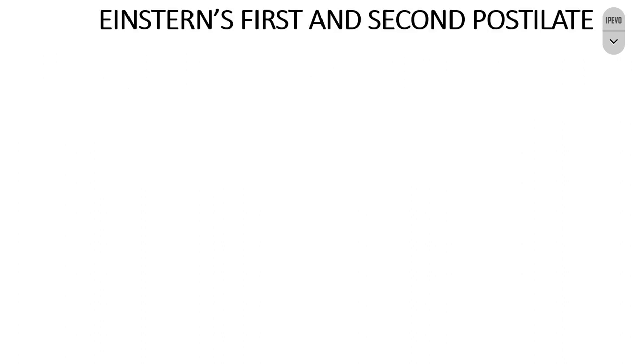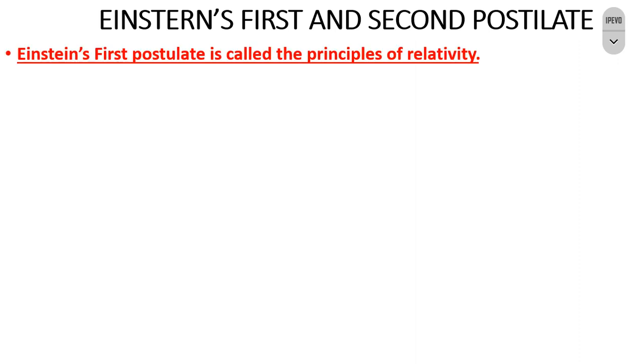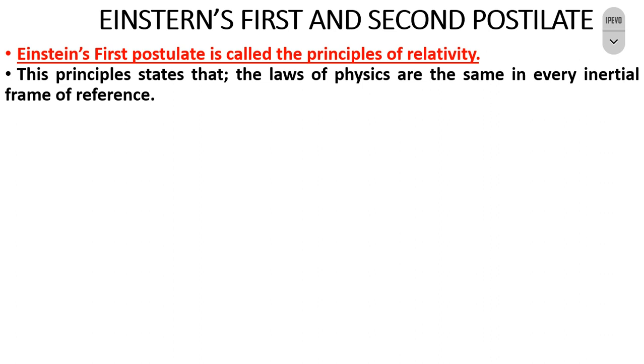We are going to look at the first and second postulates of Einstein. The first one says that the laws of physics are the same in every inertial frame of reference.